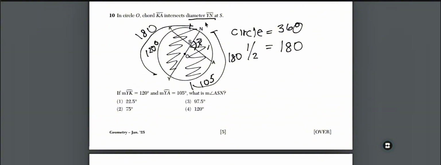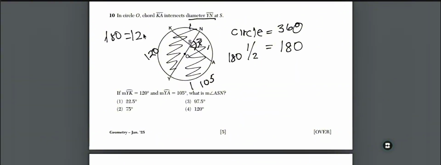So what I'm going to do is some simple subtraction. I know that this arc YK is 120 and this entire thing is 180, so 180 is equal to 120 plus arc KN, and I'm going to get arc KN is equal to 60.